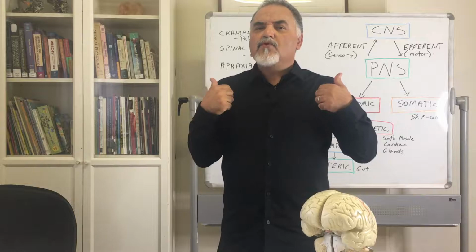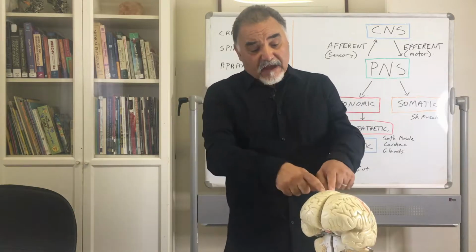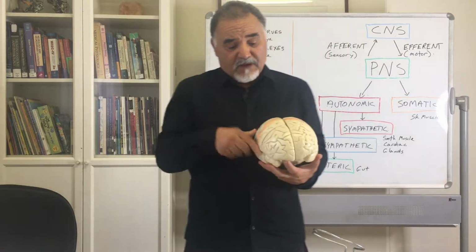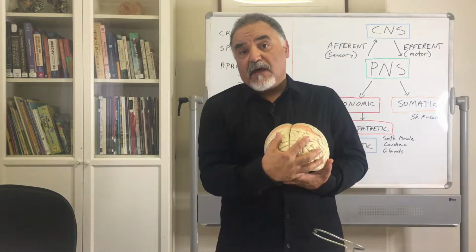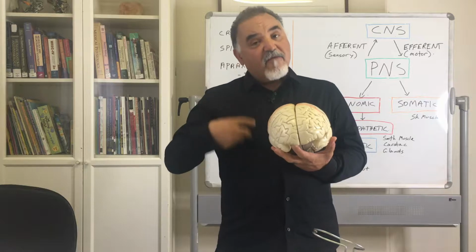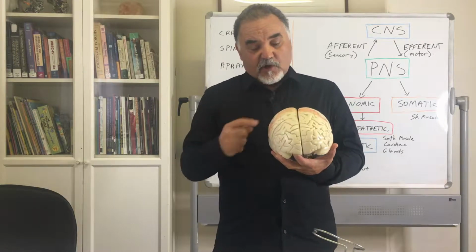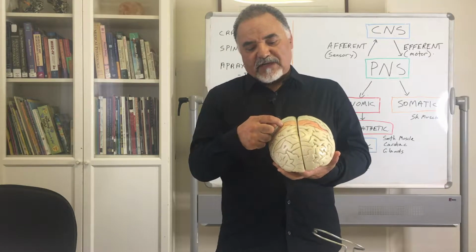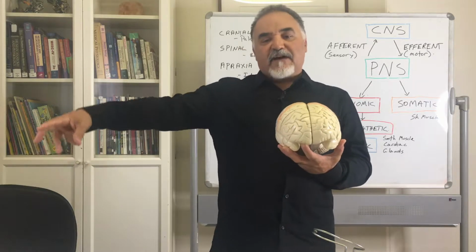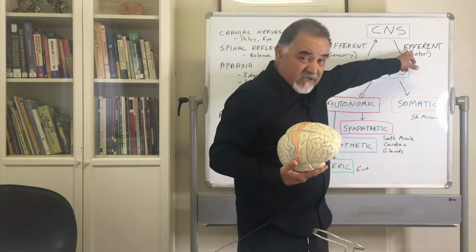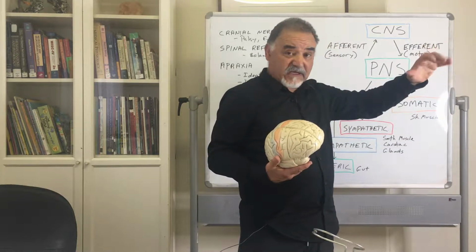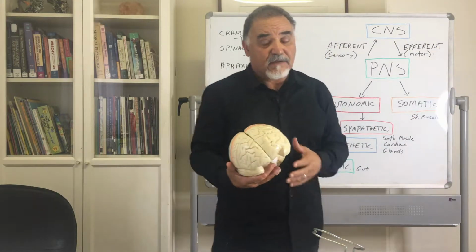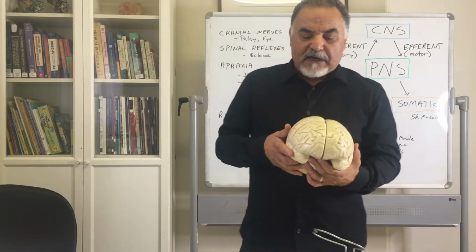So if I want to move a part of my body, I initiate it from here, from the motor cortex. I think about what I want to do, and then there's a train of pathways that occurs that ends up in the motor cortex, from the motor cortex down through my efferent nervous system to a skeletal muscle to make things move, to make things pretty much happen.